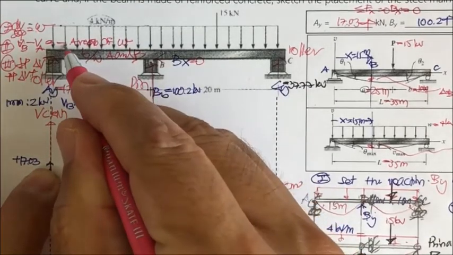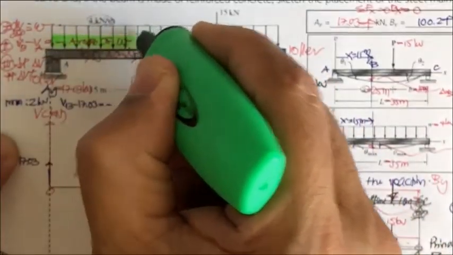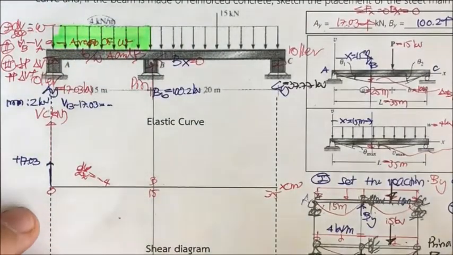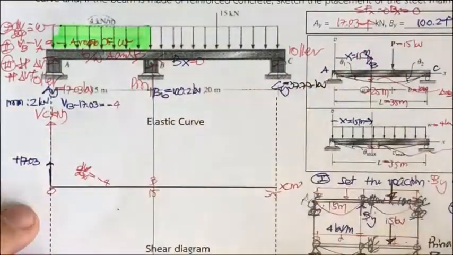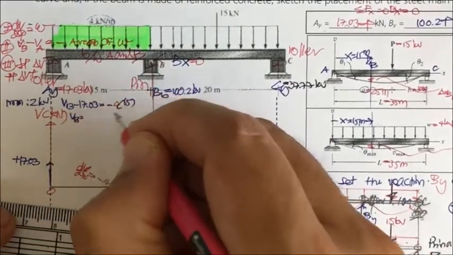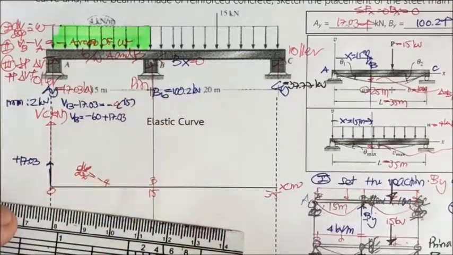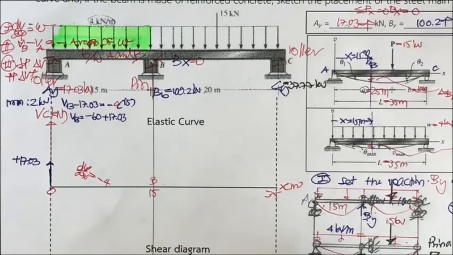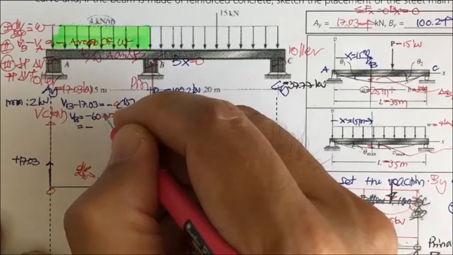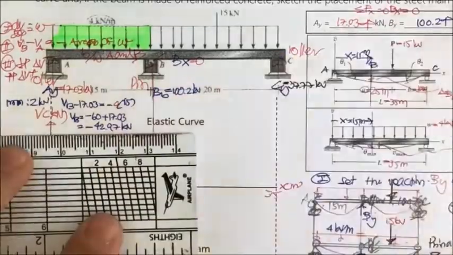That's going to equal to the minus sign of the area from A to B. So this is 4 times 15. So this V sub B going to be minus 60 plus 17.03. Okay, and if you put that, it is going to be equal to minus 42.97 kilonewton.